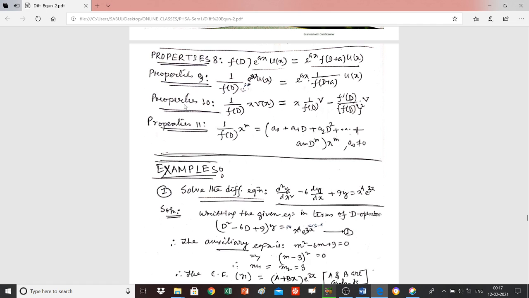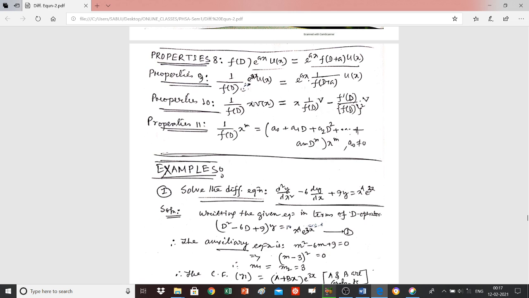Another important property is 1 by f(D) x v(x). That means there is a term x and a function of x. That can be written as x times 1 by f(D) v minus f prime(D) by f(D) whole square and v. So this is the relation.